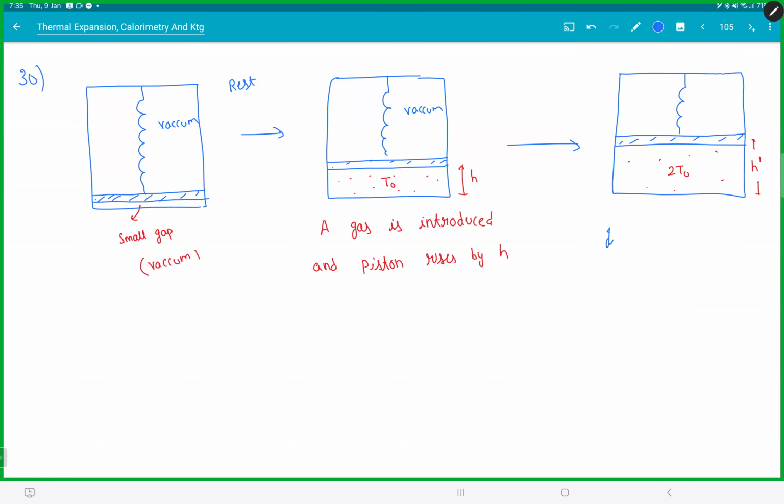The question is, if temperature of the gas is doubled, you know already the value of h. So when you introduce a gas at temperature T0, you got height h. If temperature is doubled, find h dash. Piston moves up to h dash from h.